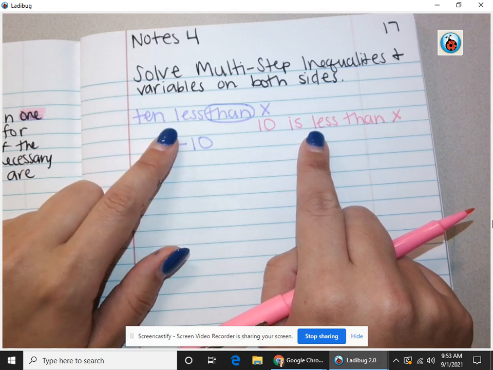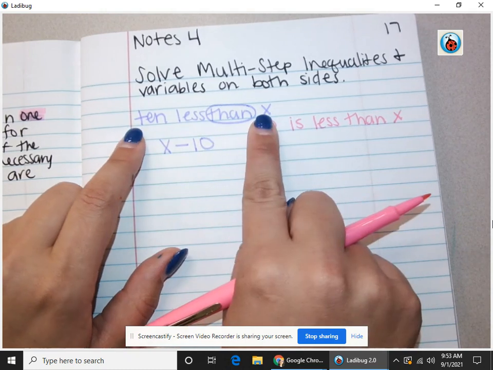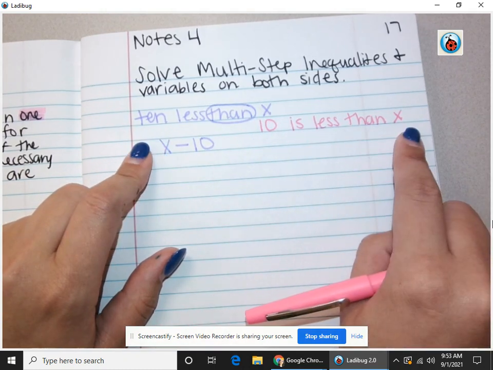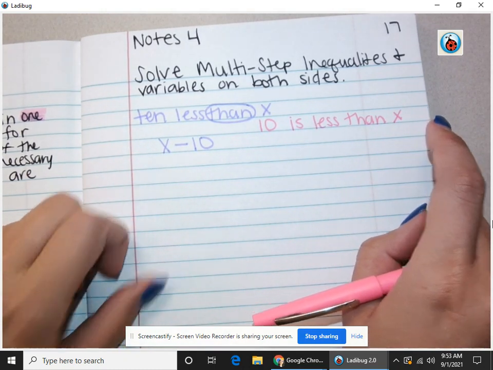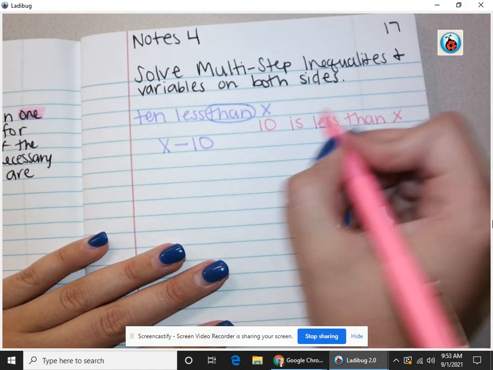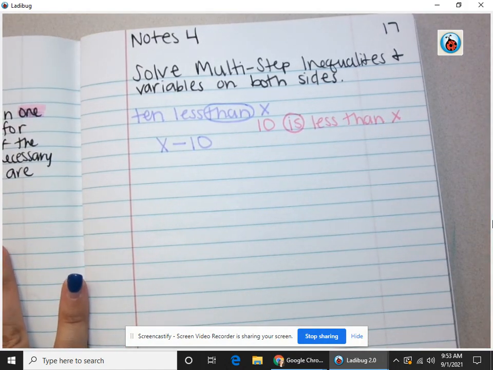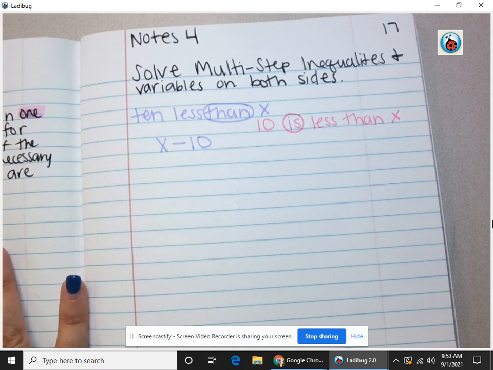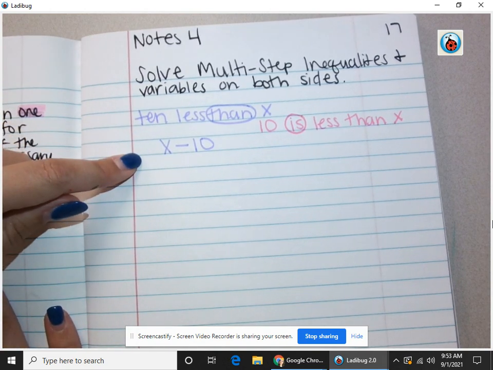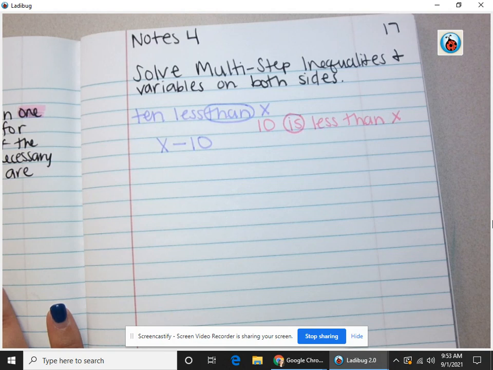Okay, but what changed from this sentence to this sentence? Jake? One word. What word? Is. Is going to tell you that we are not writing an expression. We're going to have what Zachary was telling us, a less than sign.